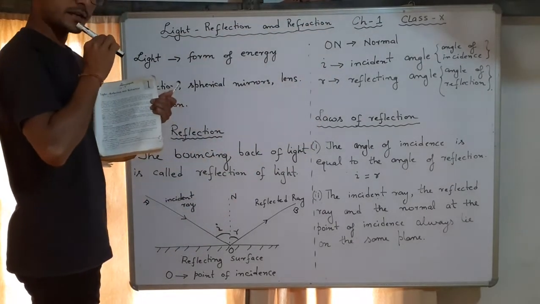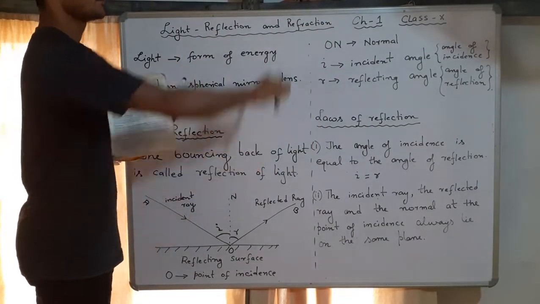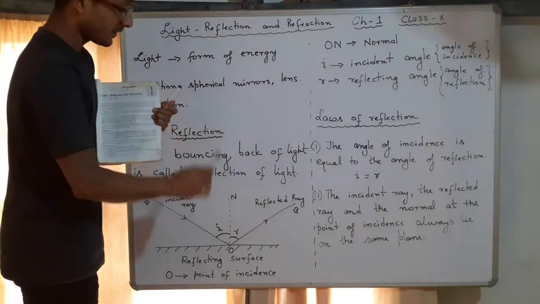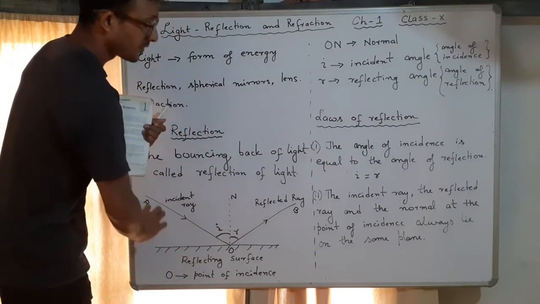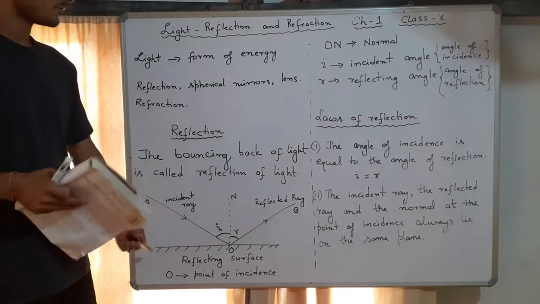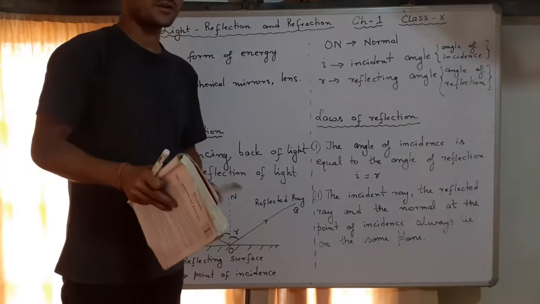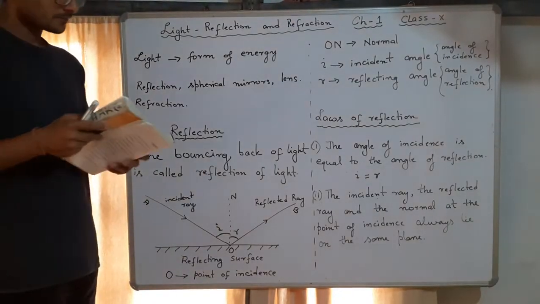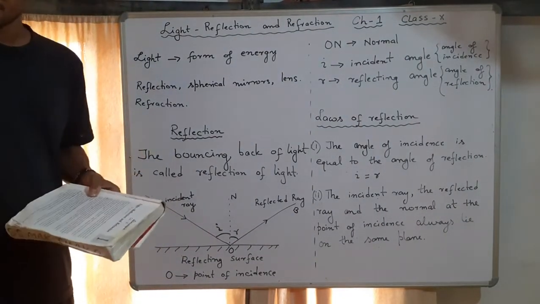Not like this, not like this. For one incidence point, this should be thought of as in the same plane. So that is why it is easy to make and easy to study. These are the two laws which are important.